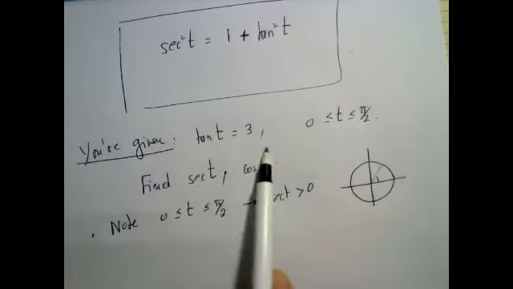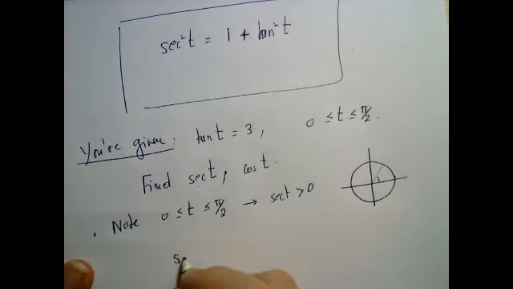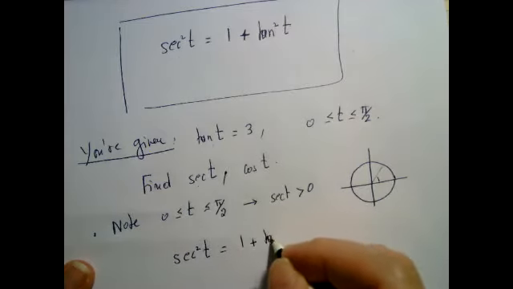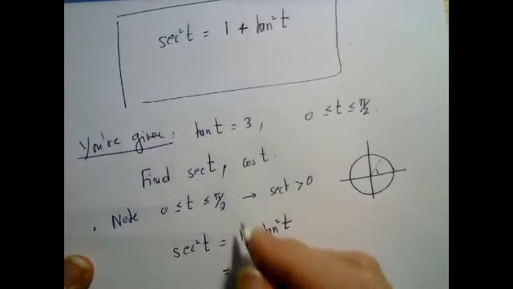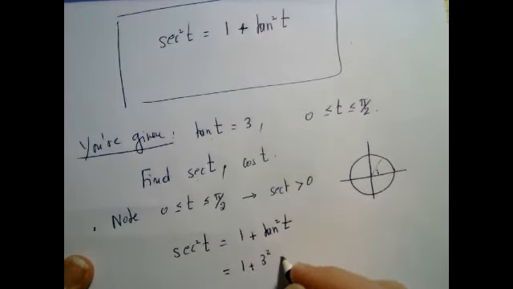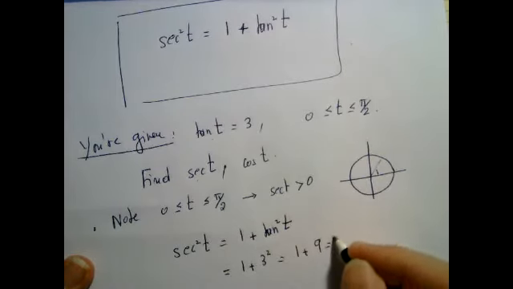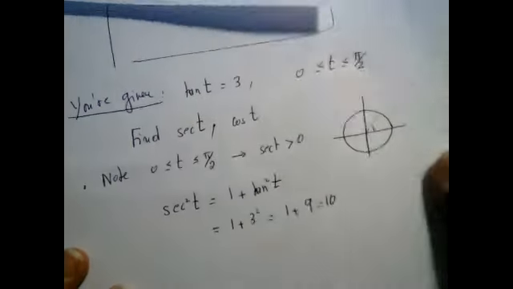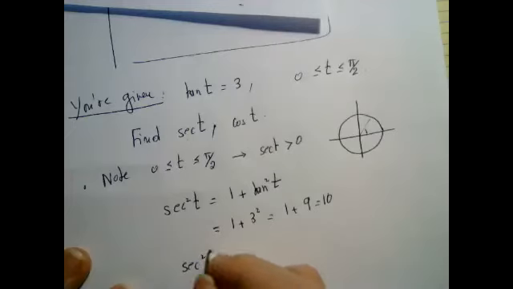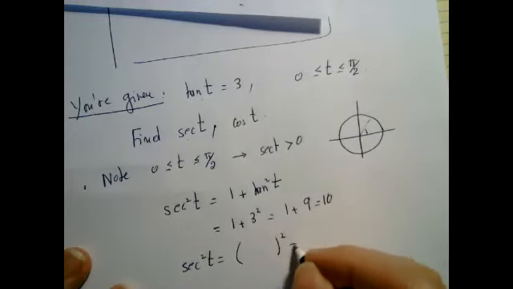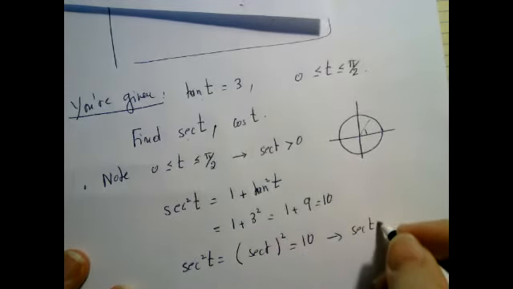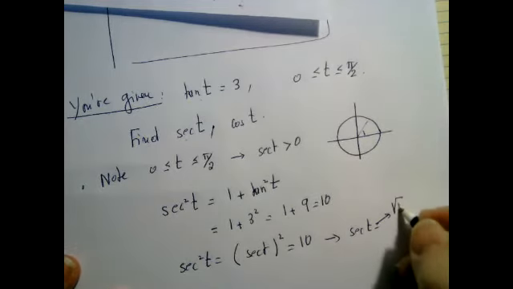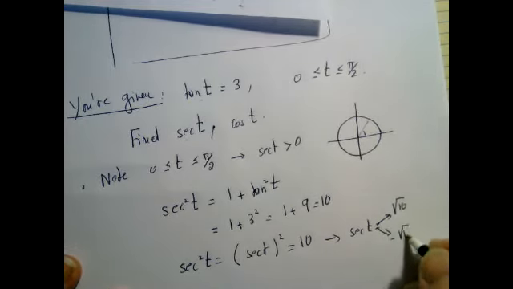Now we need to find it. I know the tangent, I need the secant. So let us see. We know that the secant square is 1 plus tangent square. It means it's equal to, we know the tangent, 1 plus 3 squared. This is equal 1 plus 9 equal to 10. So the secant square, which is this squared, equal to 10. It means secant t is, as I say, square root of 10 or minus the square root of 10.